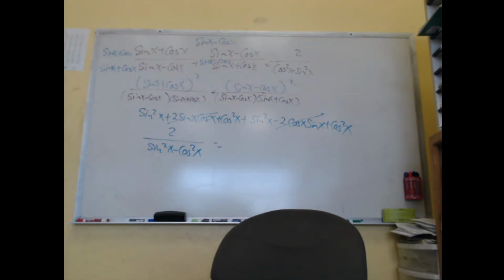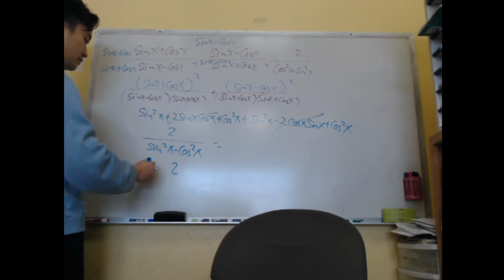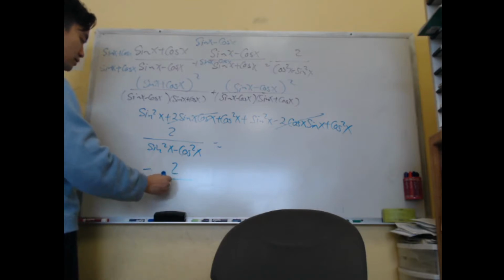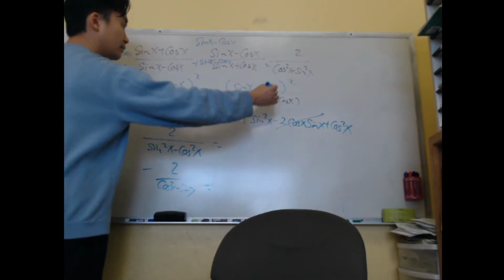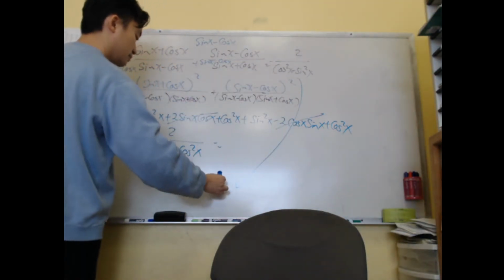It's getting very close. What else can we do? Swap the terms, right? So negative 2, then cosine square of x minus sine square of x.